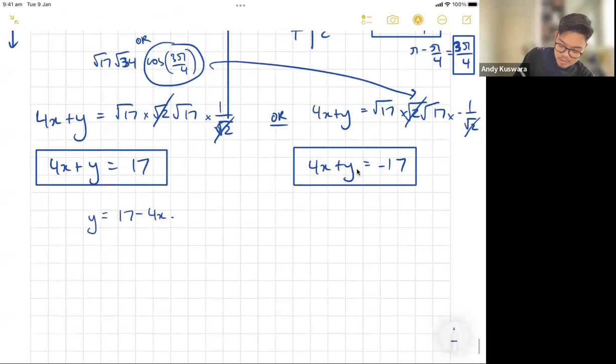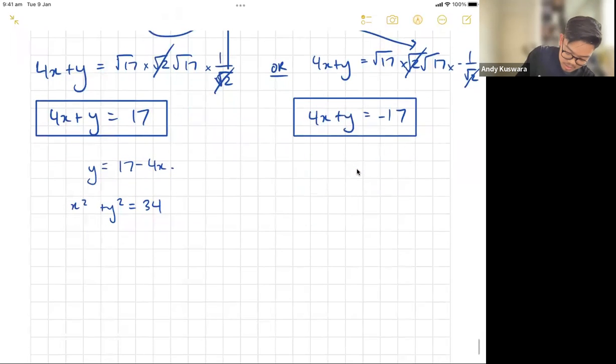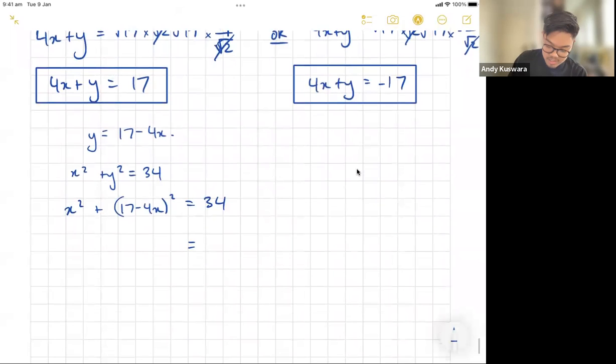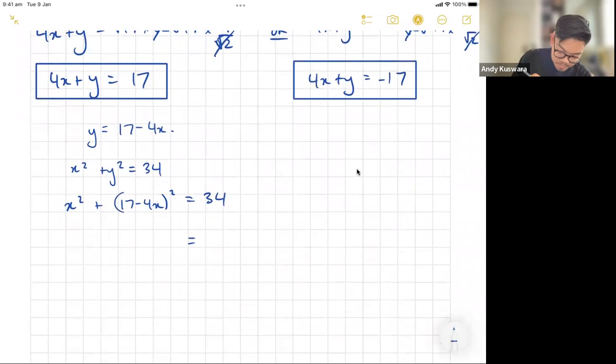And then from here, I know the other equation I had was x squared plus y squared, which I know had to equal 34. So if I substitute it in, it'll be x squared plus (17 minus 4x) squared equals 34. Let's just go with it. It's going to be a wild time, but this would be x squared plus 17 squared.